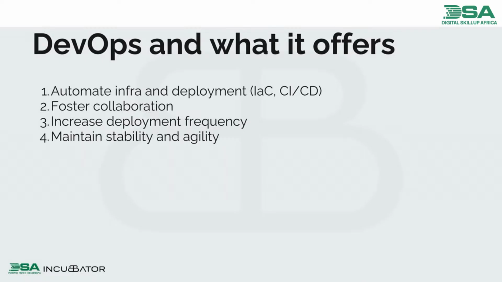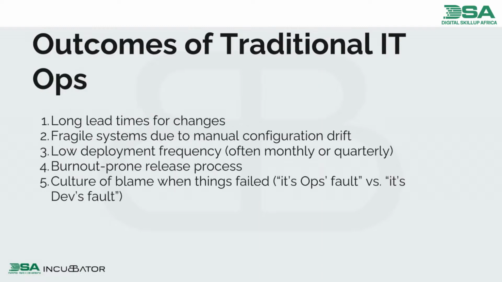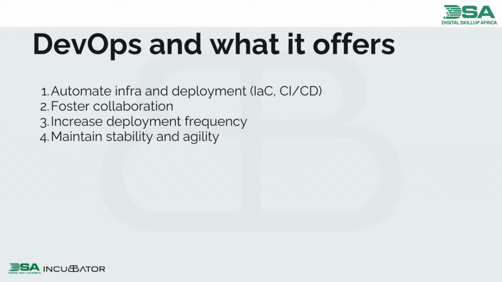So the aim is automation of deployment to help foster collaboration between the two entities, increase deployment frequency, and lastly maintain stability and agility. All of this is stemming off the issues that I highlighted in having a separate ops and a separate dev team. All of those issues were meant to be combated by DevOps.